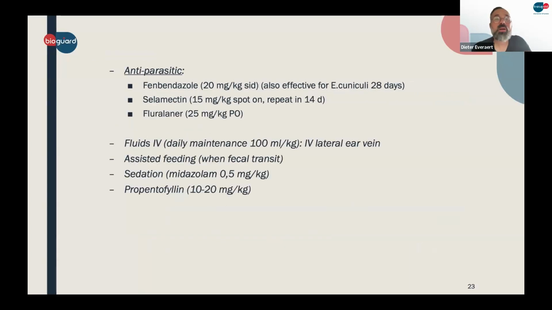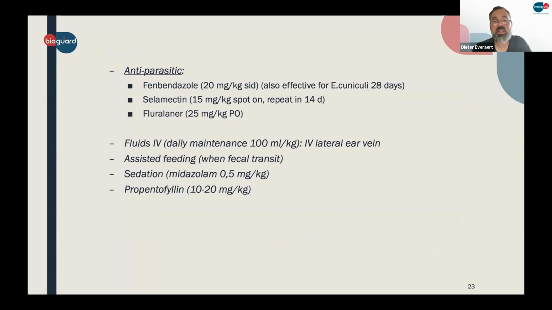Then the antiparasitics: fenbendazole, selamectin and fluralaner. Selamectin and fluralaner are mainly used against mites.